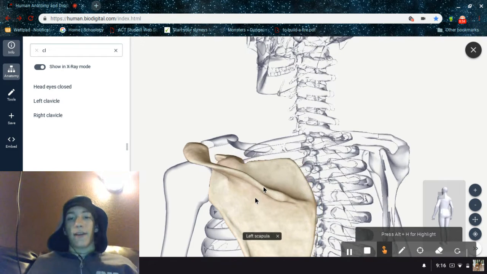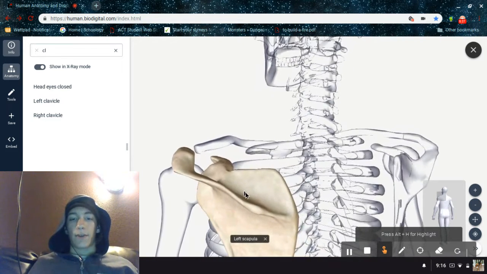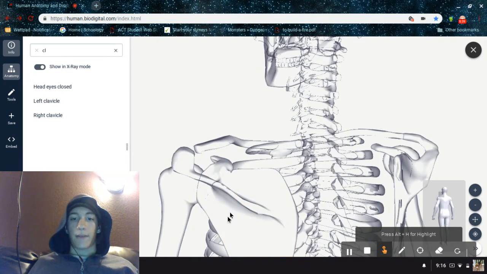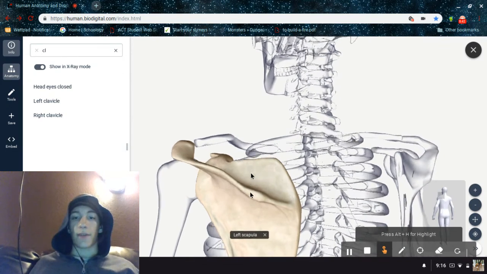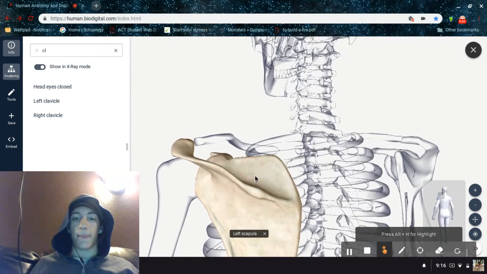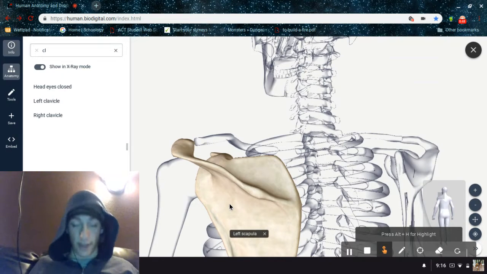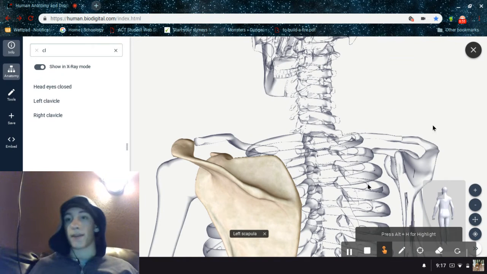It's late. I'm sorry. So actually, when referring to your fossa on your scapula, you talk about its relation to the spine. This is your supraspinous fossa, and your infraspinous fossa.